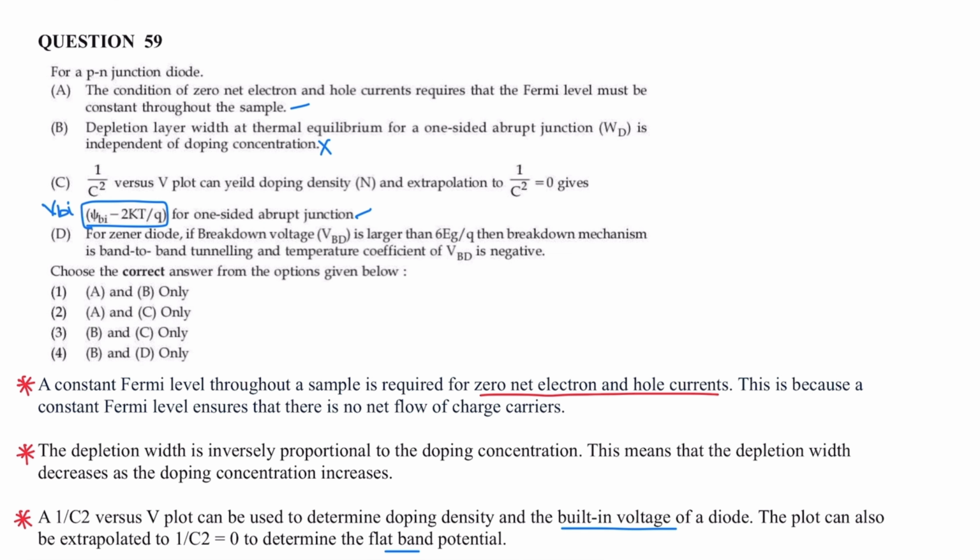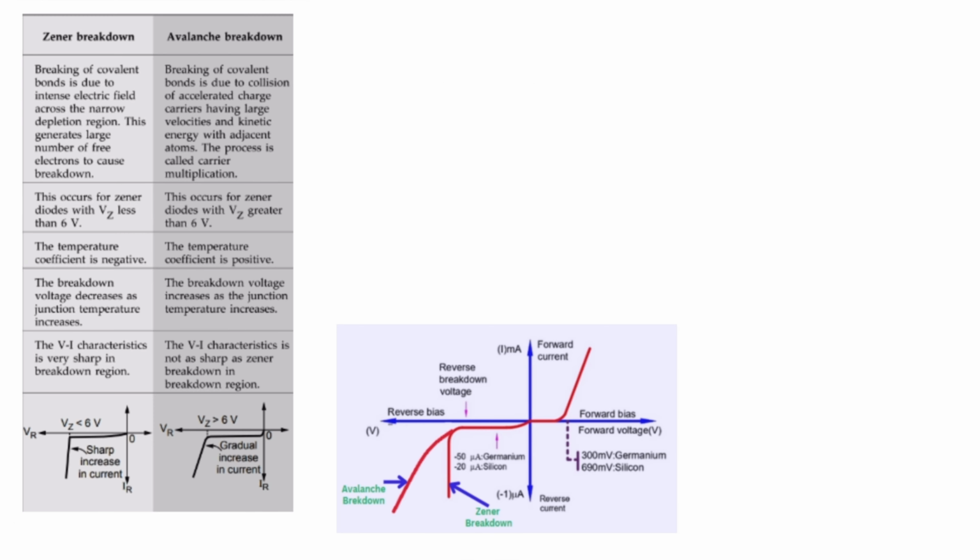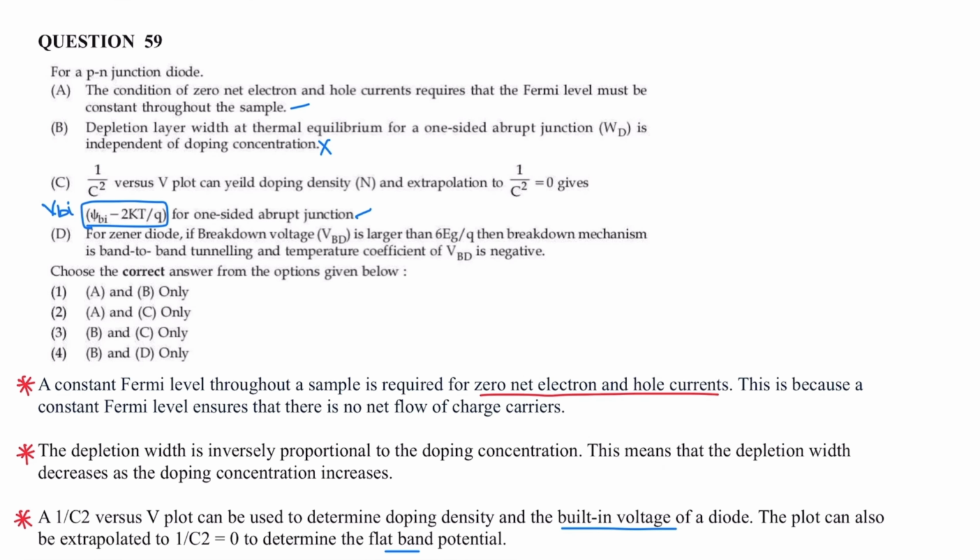This is related to the Zener effect. For a Zener diode, the temperature coefficient is negative and breakdown occurs for voltage less than 6 electron volts. So statement D is incorrect because it is not larger, it is lower than 6 electron volts. So the correct statements are A and C. Therefore the correct option is B.